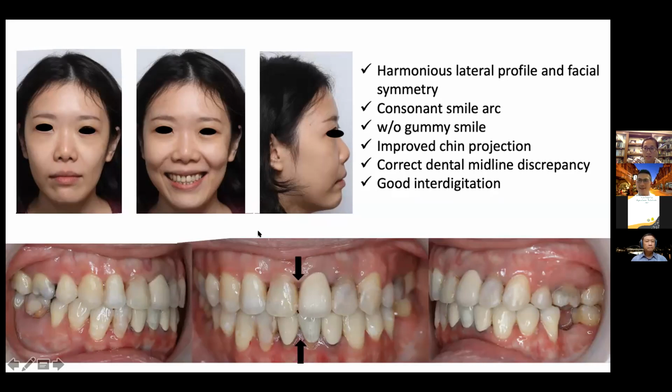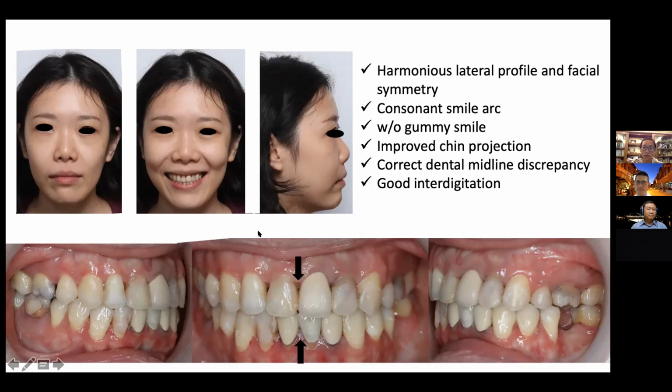Stability is a good question, and retainer is also a good question. Nowadays, we think that most cases will require lifetime retention, which means the patient might need to wear removable retainers at night for his or her whole life, and we will provide fixed retainers if possible.